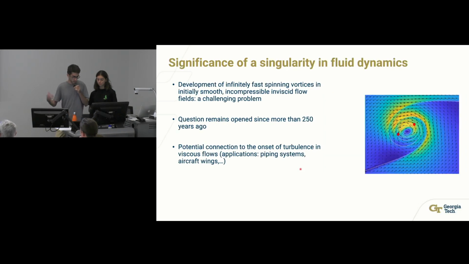So I specified a particular significance of the singularity in fluid dynamics. It's also interesting because it's one of the major questions in fluid dynamics, and it has potential connections to many real-life applications. For example, the onset of turbulence in viscous flows, which could be applied to piping systems, aircraft wings, so many things.